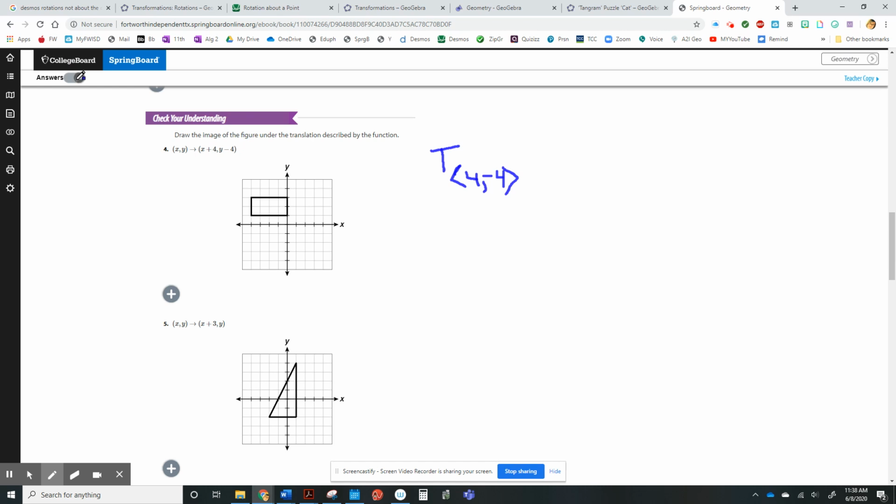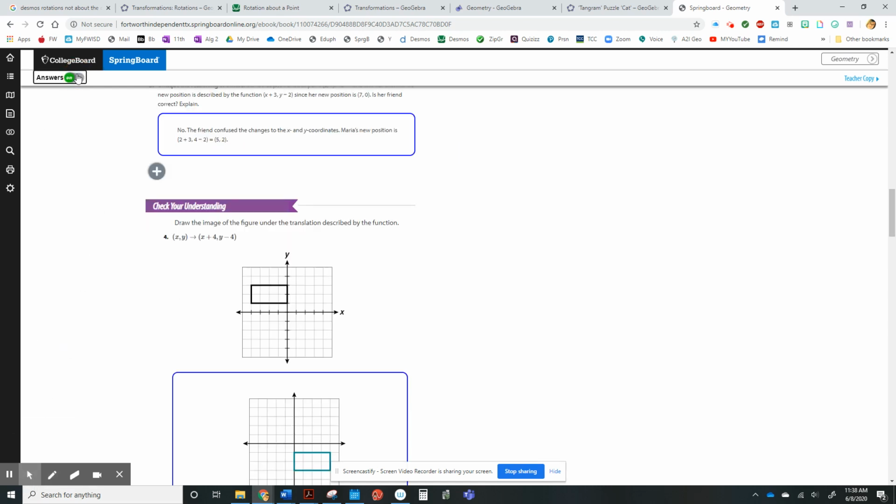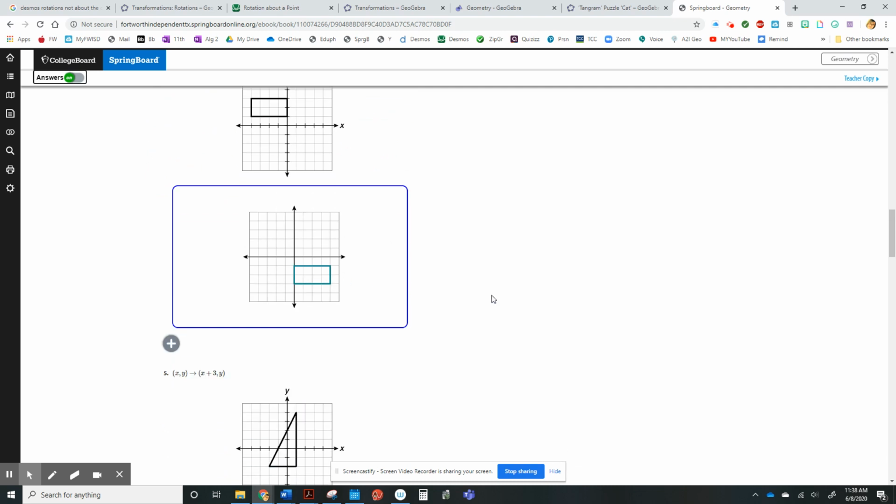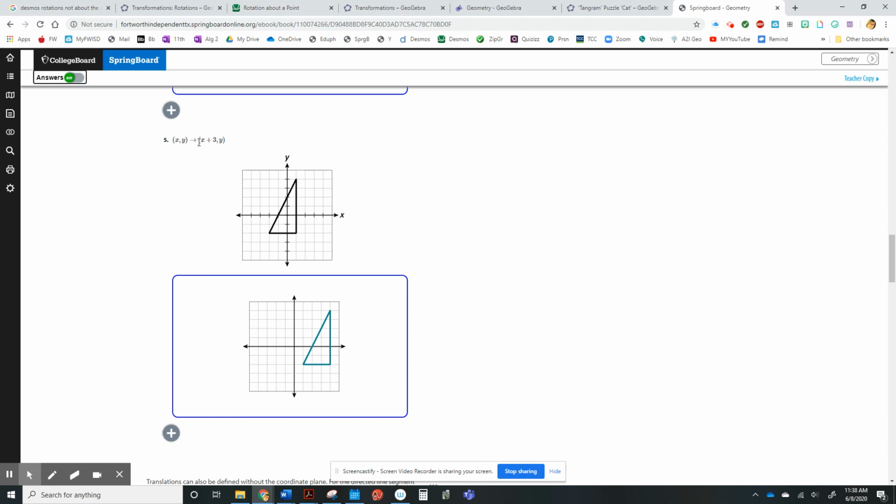If you do that, then this is what you get. And on this one, if you move it 3 places to the right and 0 places down, and again, just for the record, that would look like a capital T, and it'd be ⟨3, 0⟩, with these little pointed brackets.